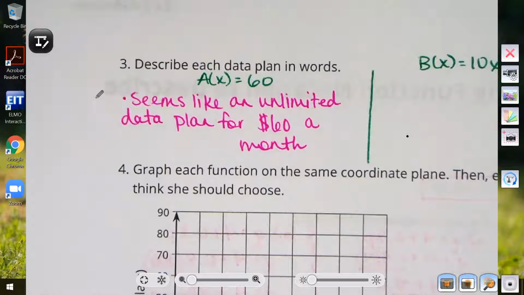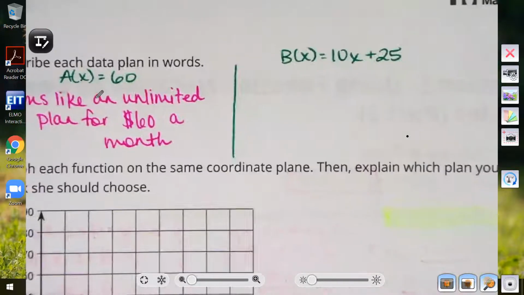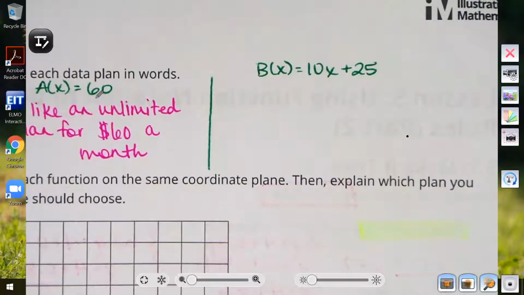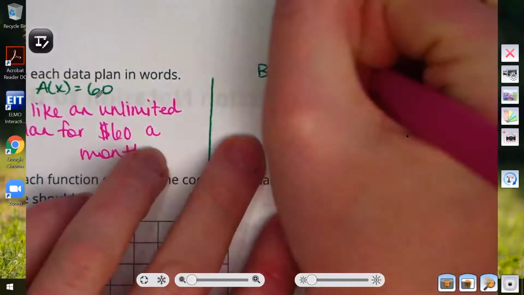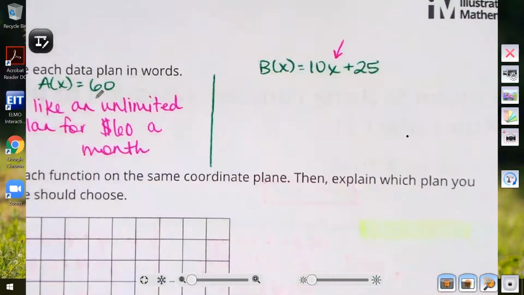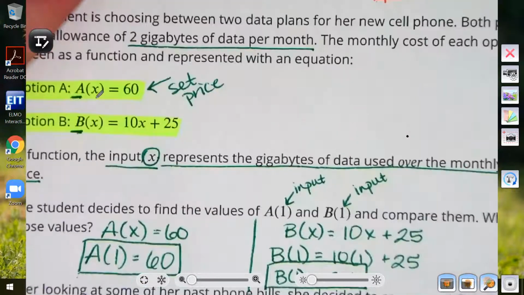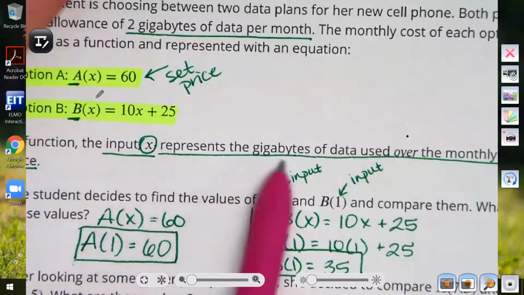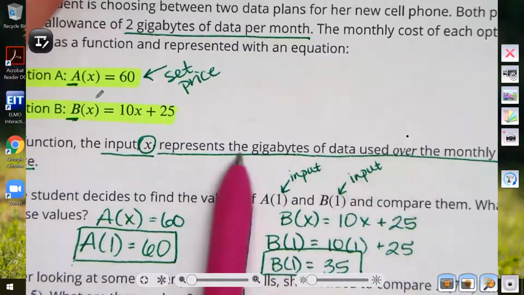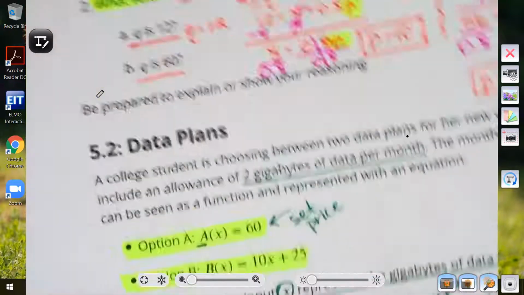All right, now B is a little trickier because we got some equation over here. So we know that X represents what? It represents our input. And back on the other page, what did they tell us our input represented? How many gigs of data they went over the 2?